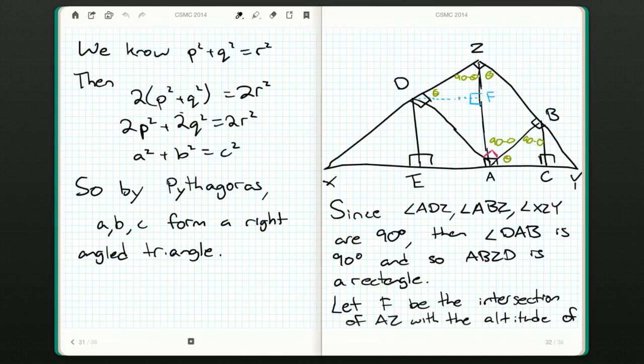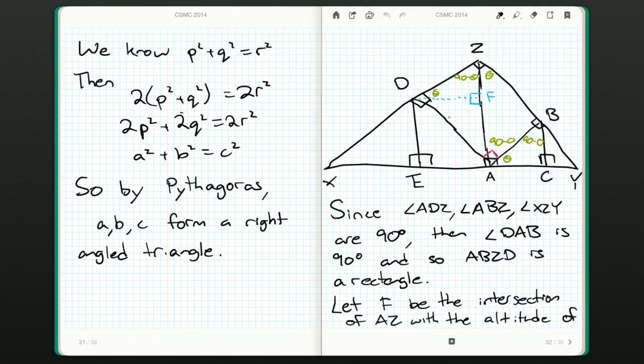But because we have a rectangle, these lengths are actually the same, DZ and AB. And if they're similar and they share a side length, then they're going to be congruent. And that told us that DZ is AB, ZF is the same length as BC, and importantly, DF is the same length as AC.